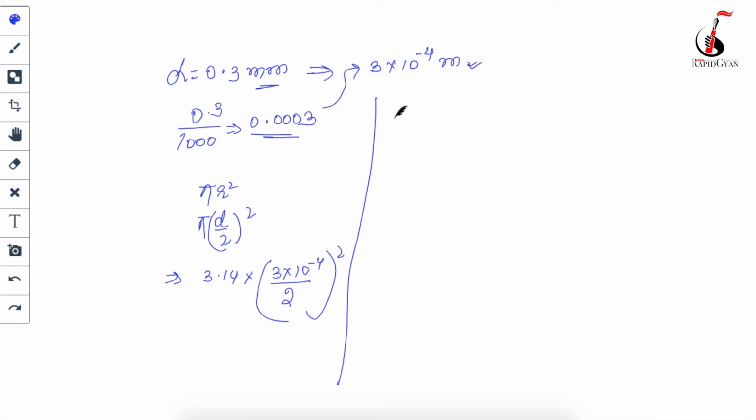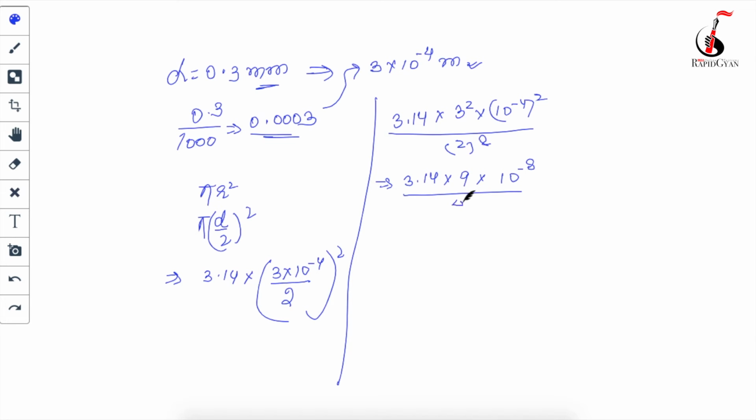So what's going to be next? 3.14 multiplied by 3 square multiplied by 10 to the power minus 4 whole square, total divided by 2 square, which will become 3.14 into 9 into 10 to the power minus 8 divided by 4.